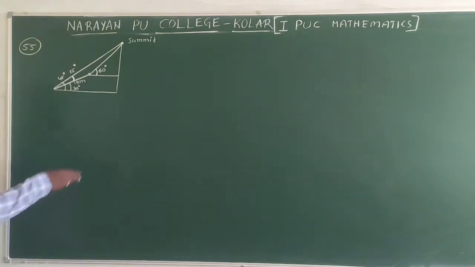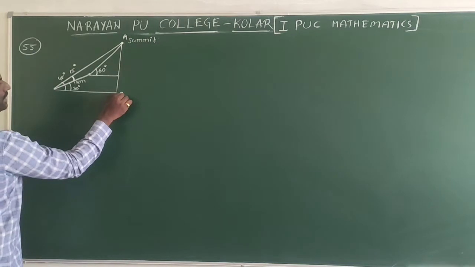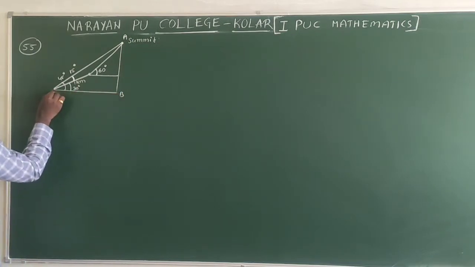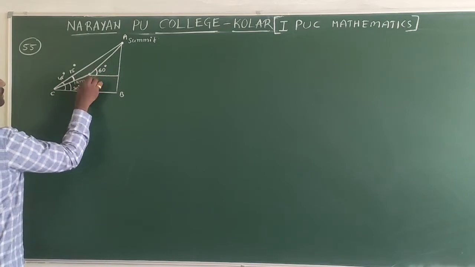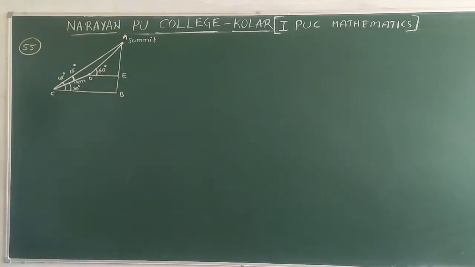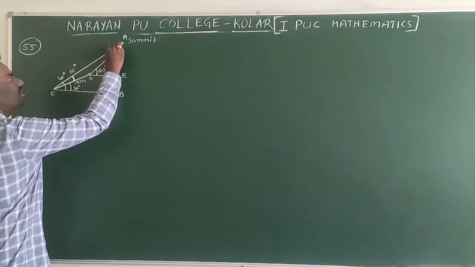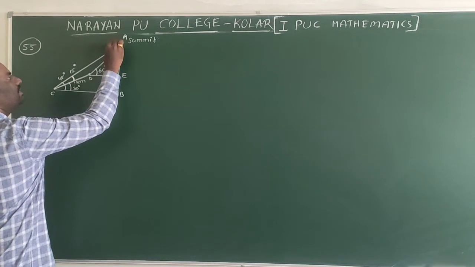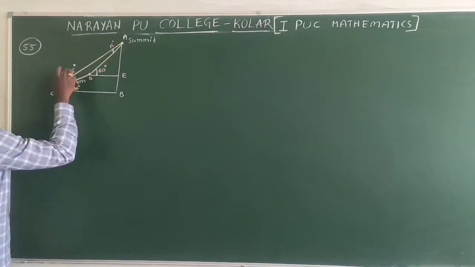See here, I can take the triangle as A, B, this is the foot, C, D, E. If this angle is 15, according to the properties of triangle, this angle is also 15 degrees. Now you take the triangle ADC.